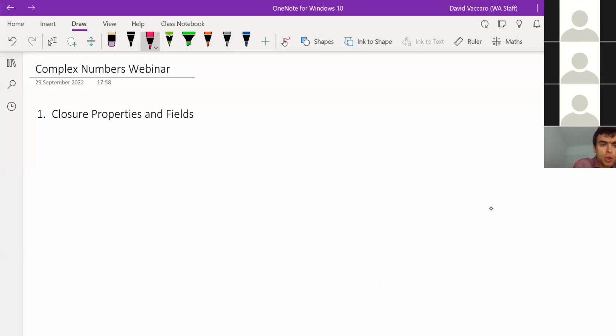So what do we mean by closure? Well, if there's some set, so let S be a set, and star an operator on this set, and I'll specify that it's a binary operator.